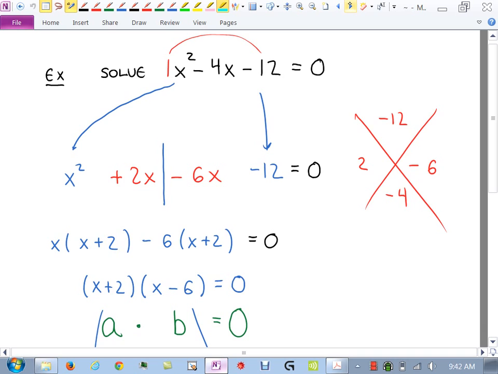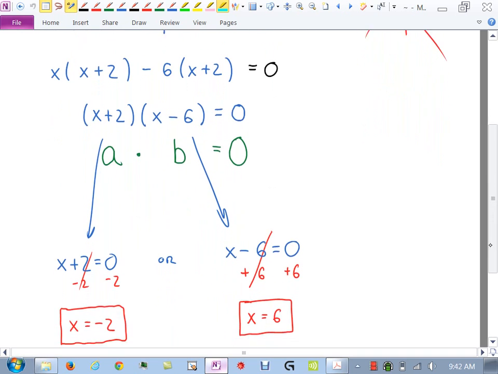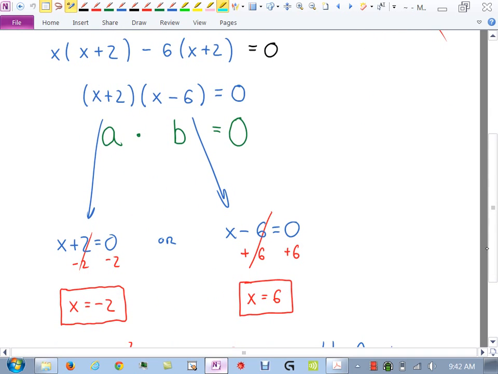So we did our cross and everything else, and we broke it down, and once we got to this part, which is where we used to stop, we had to take each one of these and set each one equal to 0. So the zero factor property, and the way we use it, is really everything we've done up to this point, factoring wise, with one additional thing: we have to keep the equation equal to zero, and we have to actually solve it at the end.